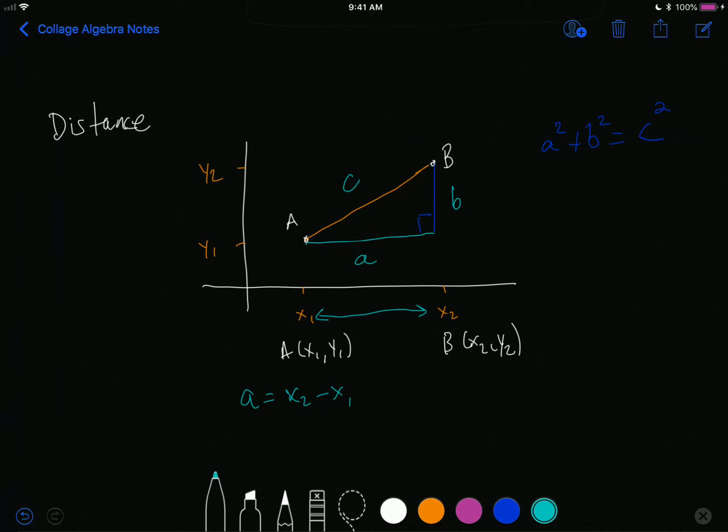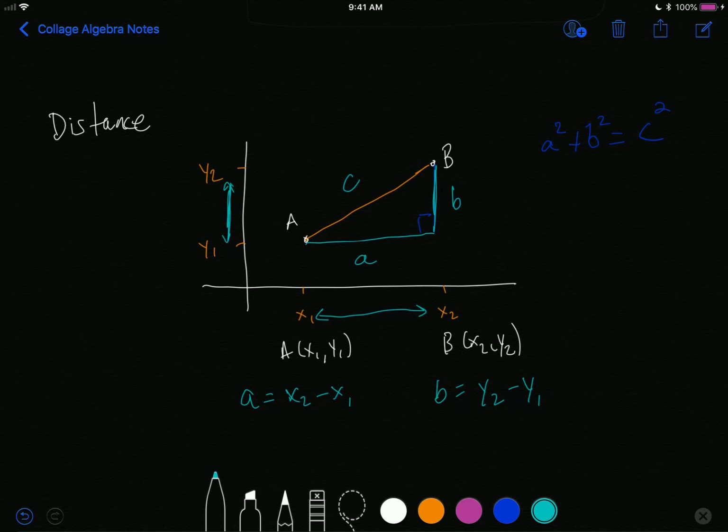Similarly, B is going to be the distance between the two y values. See right here, this length is the same as this length. And so B is going to be that distance right here, and so B is going to be the difference, and so that is y2 minus y1.